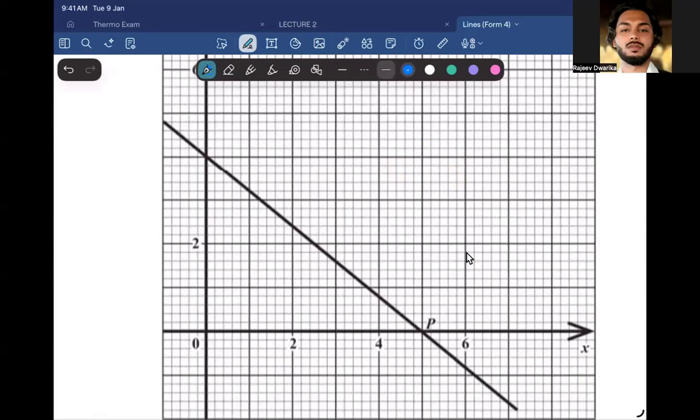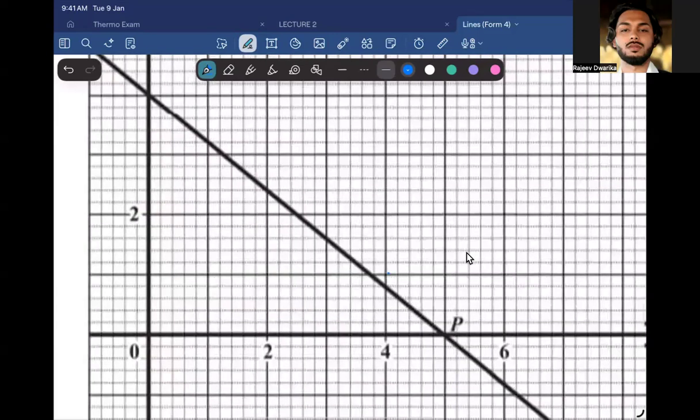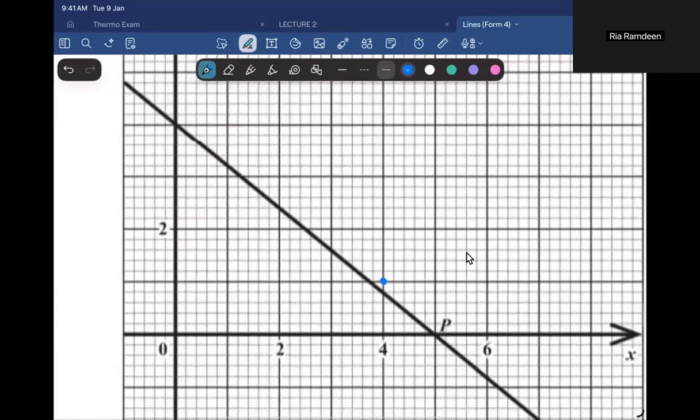The other points are kind of ugly. I have two nice exact points. 4, 1? That's not on the line.